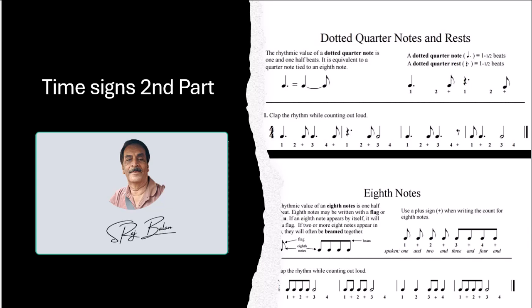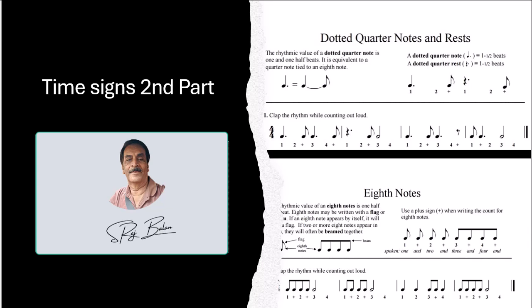Next bar, 1 and 2 and 3 and 4 and I don't play. That is called a rest. We observe that the "and" portion is marked with a plus sign above it, there is no sound.